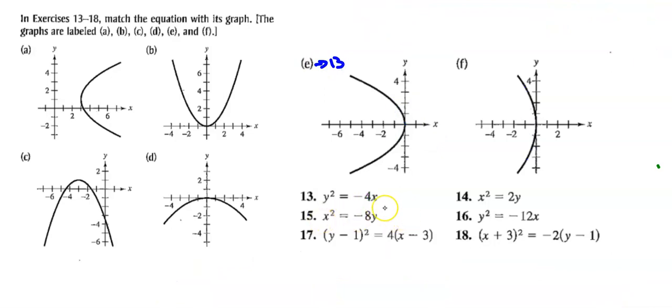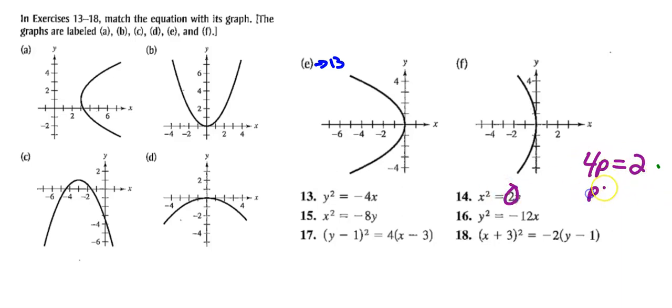All right, number 15. Actually, we can go over here, number 14. Let's do number 14 next. Sometimes they number them left to right, sometimes they go up and down. Number 14 is an x squared, which tells me it opens upwards or downwards. Once again, there's nothing being subtracted from it, so it tells me my vertex is at the origin. And in this case, 4 times p is equal to that coefficient right there, 2.